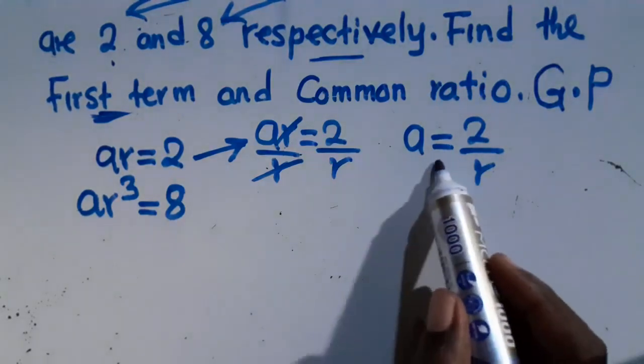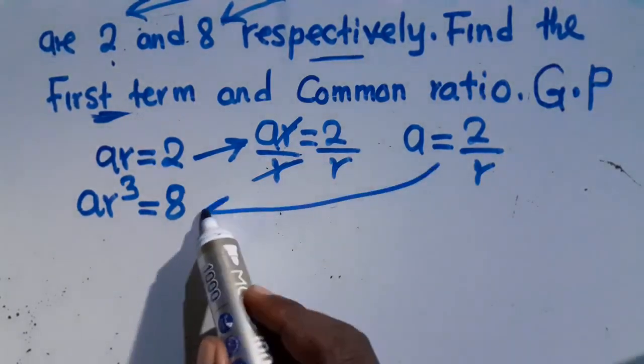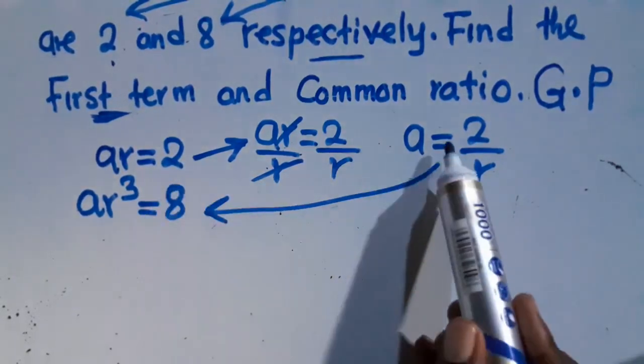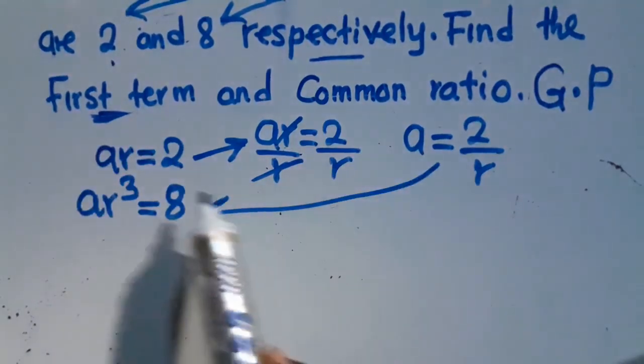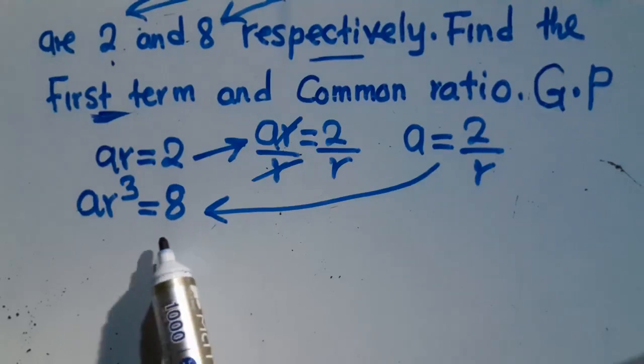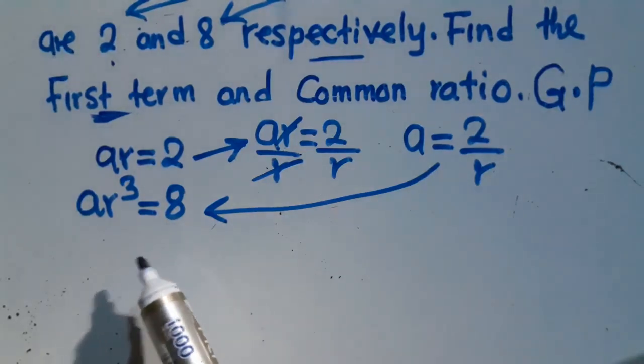Then I replace it in the other equation. Some people make mistakes where they get this one and replace it back into the same equation. If you got A from the first equation, when replacing, you use the other equation.